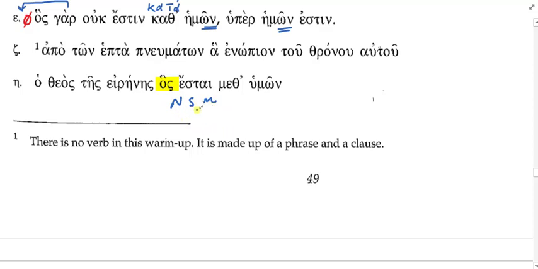Let me ask you, why is it singular and masculine? Because its antecedent is theos. Good. Is it nominative because theos is also nominative? No. That's right. It's nominative because of its role in the relative clause, which is what? Yeah, what's its role with respect to estai? It's the subject. So that's why it's nominative, right? Okay, great. So the God of peace, who estai?